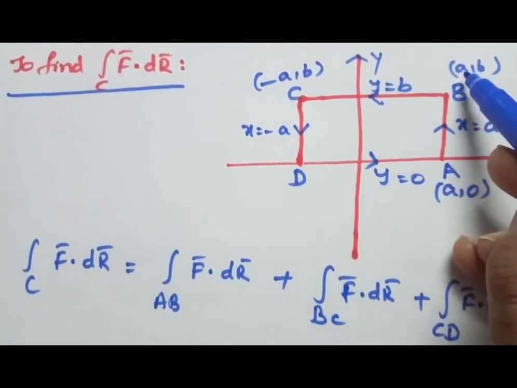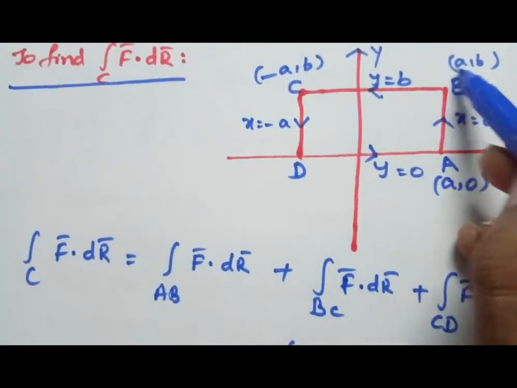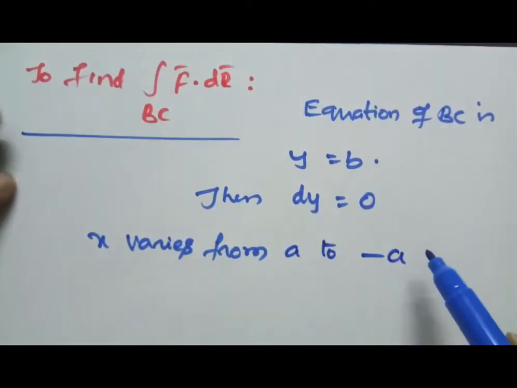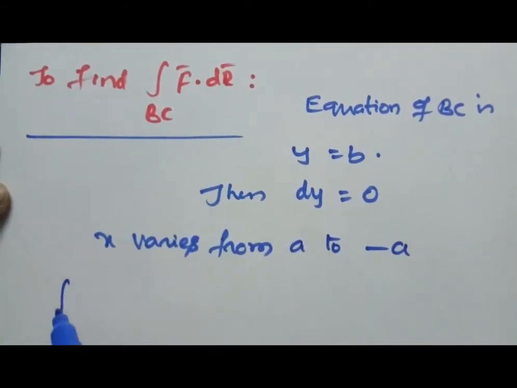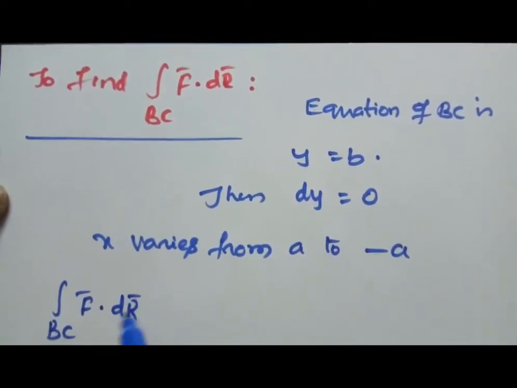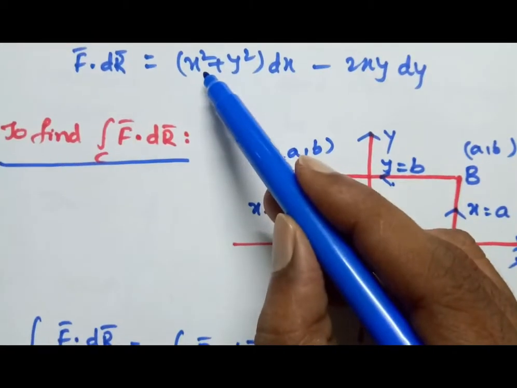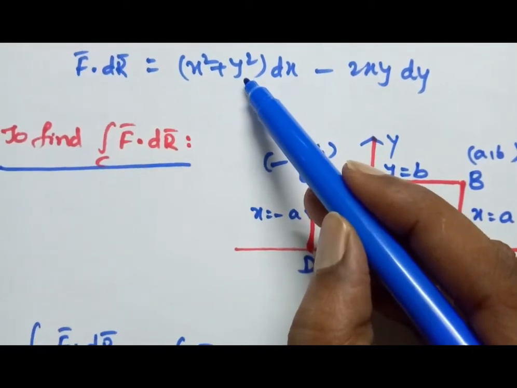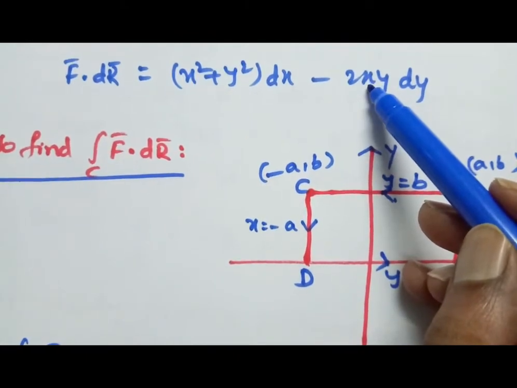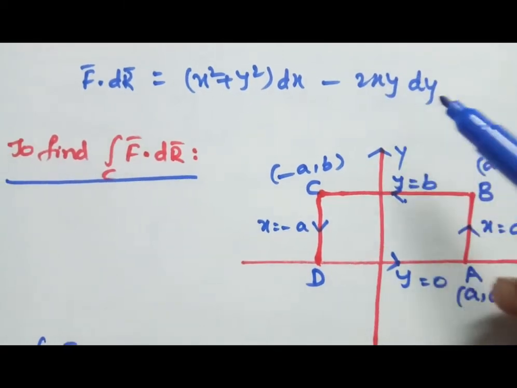So here x varies from a to minus a. Therefore, integral over BC of f bar dot dr bar is equal to x square plus y, y is equal to b square, into dx minus 2x into b dy equal to 0. Therefore, it is 0.